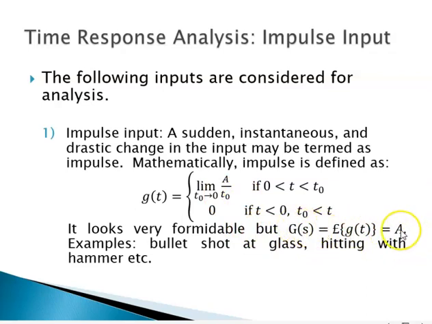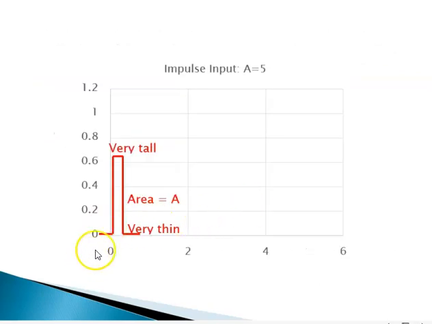Its Laplace transform is A. Later we will see that if A is equal to 1, we call it unit impulse input. Unit impulse input is shown in the graph here. It's a very thin and very tall pulse whose area is A. In this case we say we want the area to be 5.